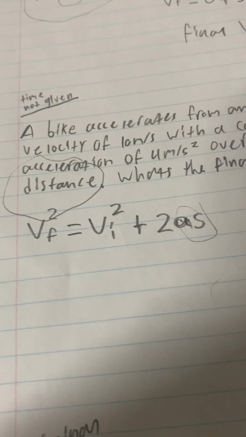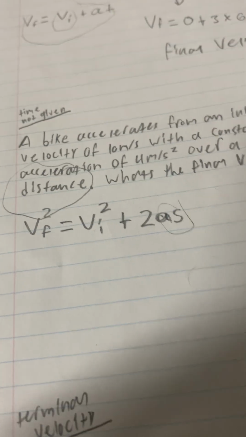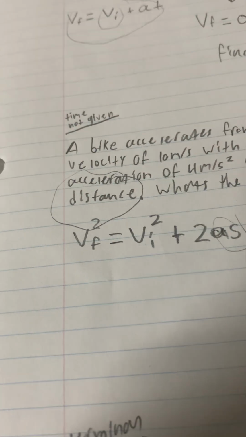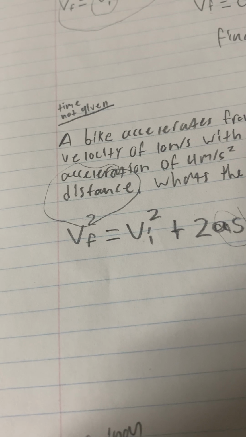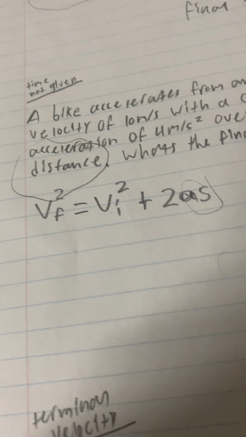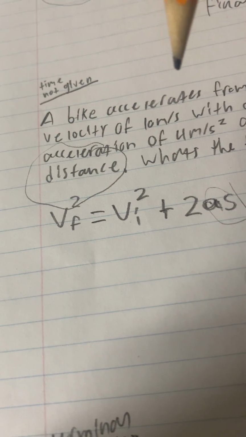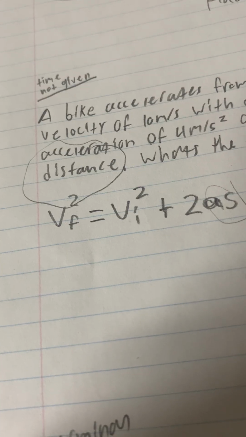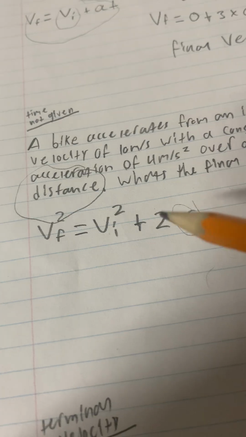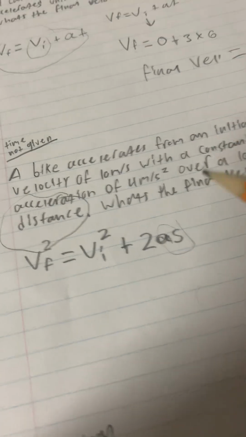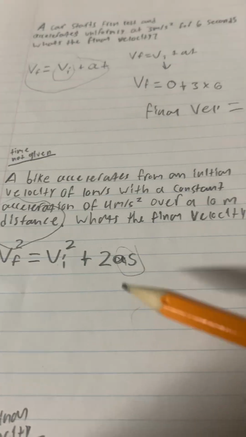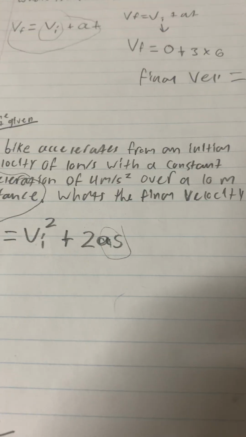I actually don't know the reason why some people put in distance instead of displacement, but it doesn't really matter because if you see distance, you can treat it as displacement and everything will go according to plan. So do not get thrown off by that if it says distance or displacement. Just remember the formula.